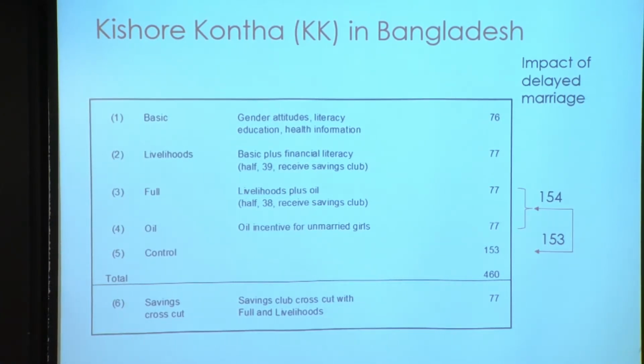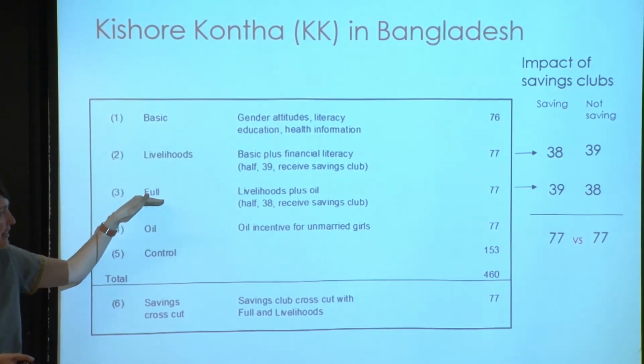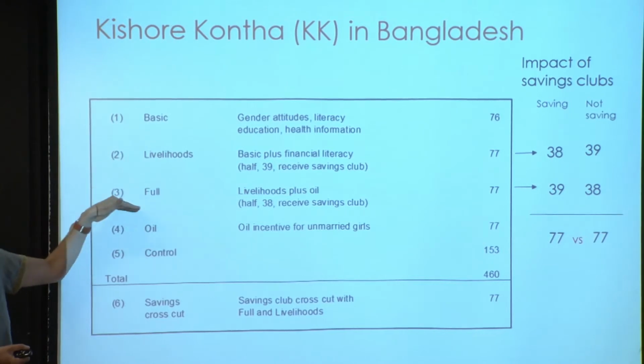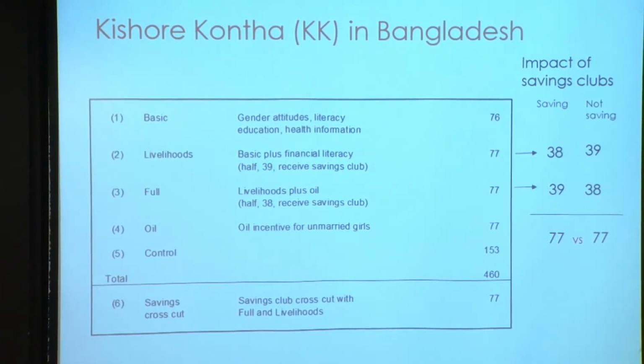So there are some questions I can answer much more precisely than others, and I think that's important when we're doing those complicated designs. Now, for my savings design, I'm going to take half of this and half of that and compare it to the other half and the other half, and that's going to give the marginal impact of savings clubs.